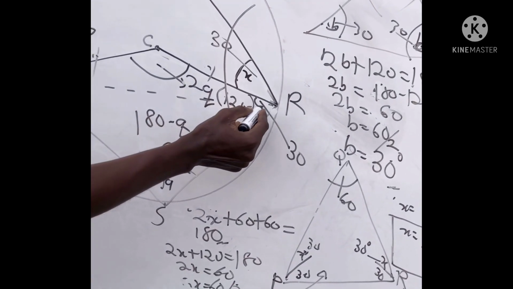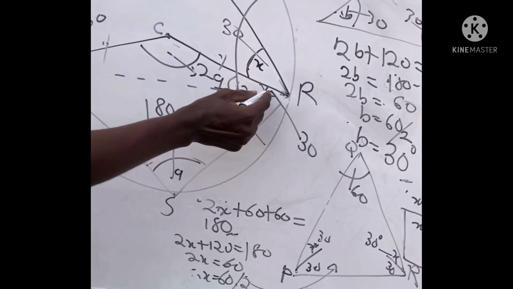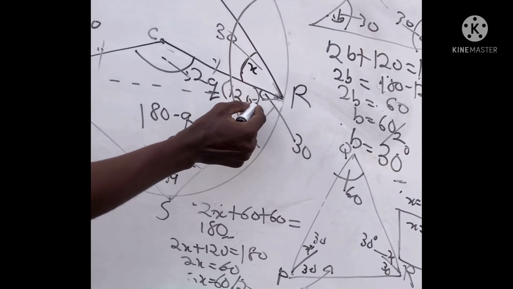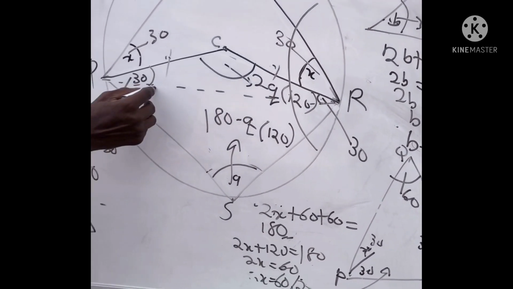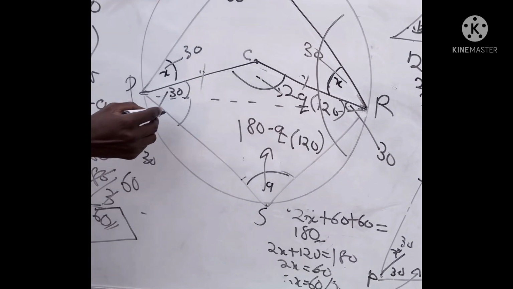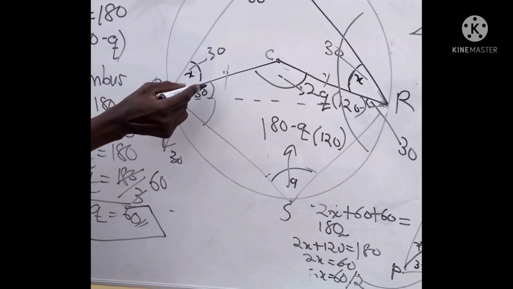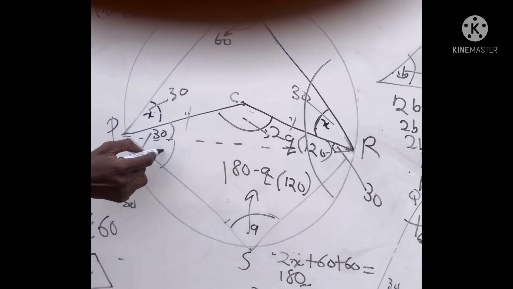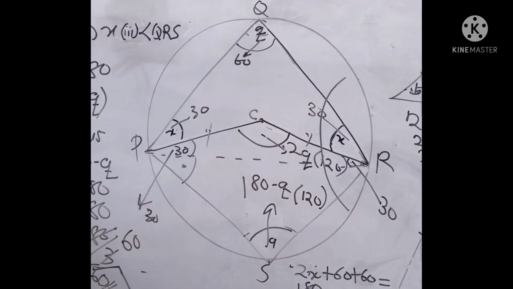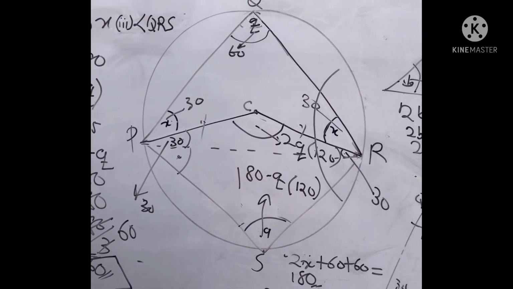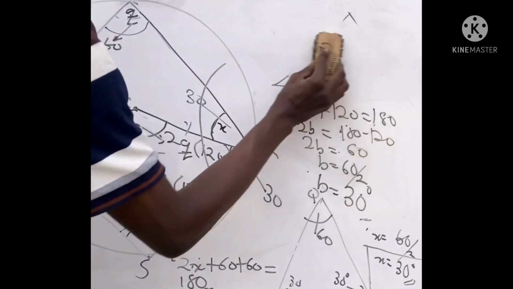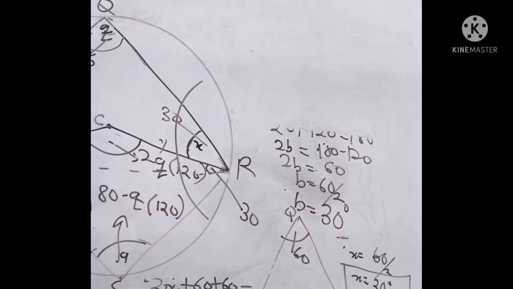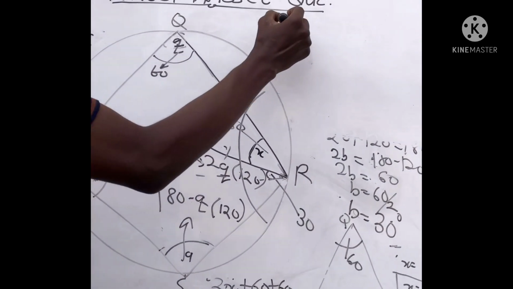The small angle here is also 30. But we don't know the angle over here. In order to find the angle, let's create a space and solve for angle QRS.